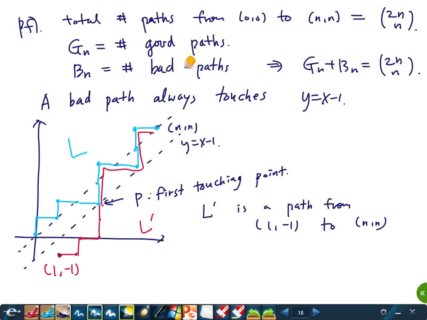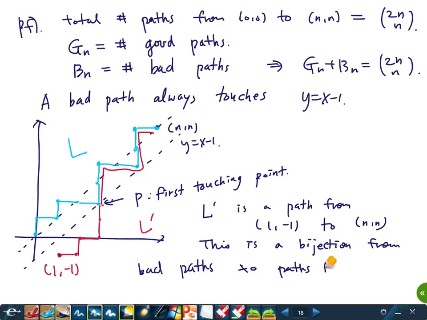Again, you find the first touching point, and if you flip this, you get the bad path back. So this gives a bijection from bad paths to all paths from 1 comma minus 1 to n comma n.